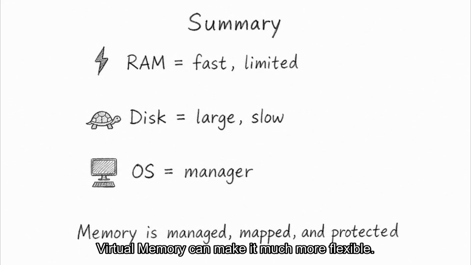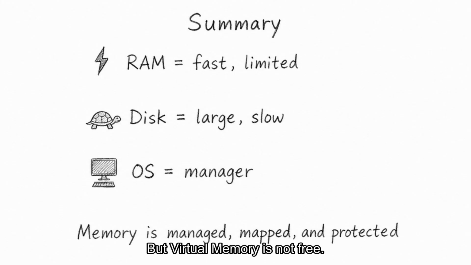Virtual memory can make it much more flexible. It gives each process a clean memory view, protects processes from each other, and helps the system handle limited RAM. But virtual memory is not free. If the system depends too much on disk, performance can become slower.